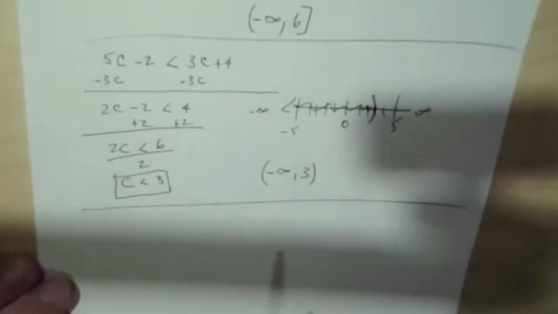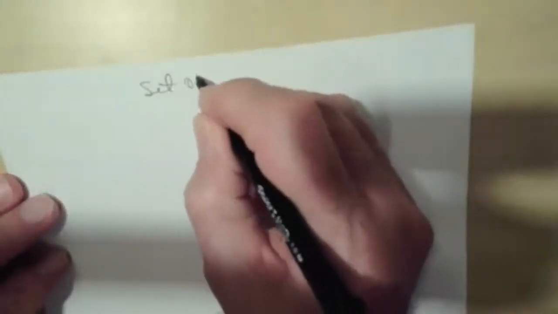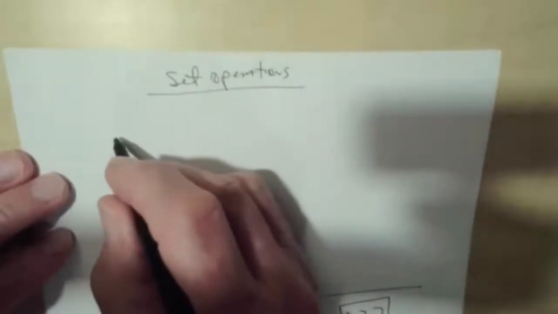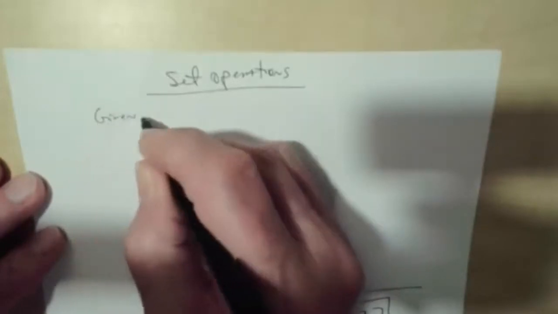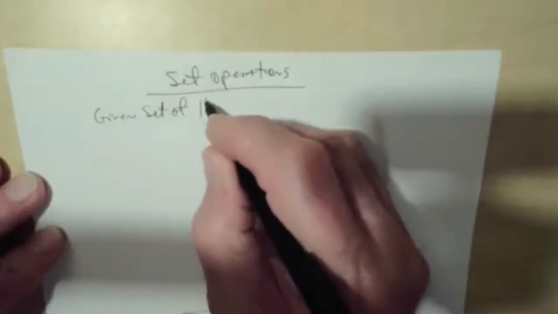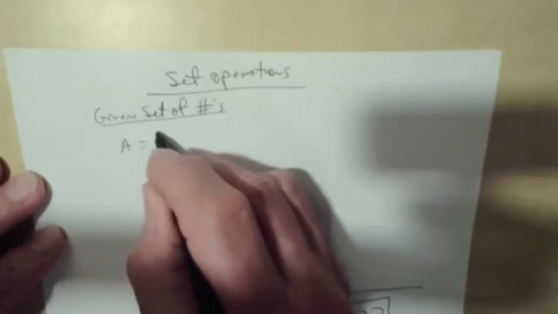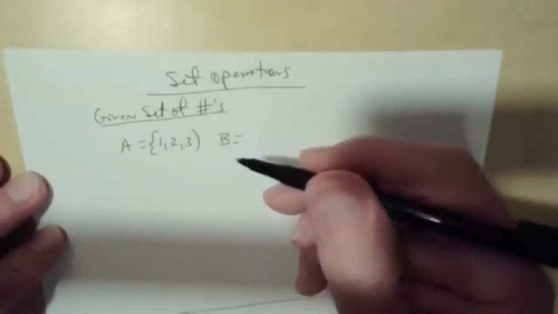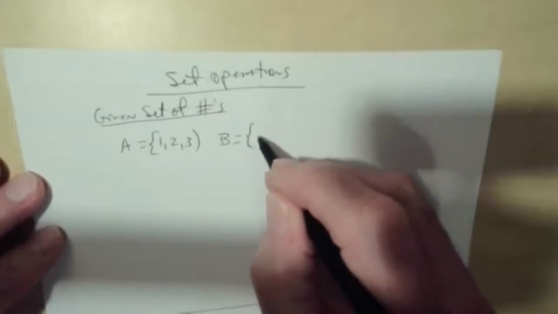Okay, this is called set operations. Given the set of numbers that A equals 1, 2, and 3, and B equals 2 and 4.